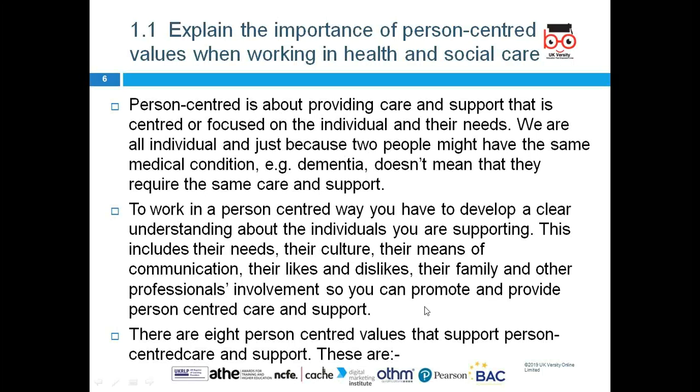To work in a person-centered way, you have to develop a clear understanding about the individuals that you're supporting. This includes needs like their cultures, their communications, have they got a good command of English? Do they have a different first language? Their likes and dislikes, their family and other professional involvement.